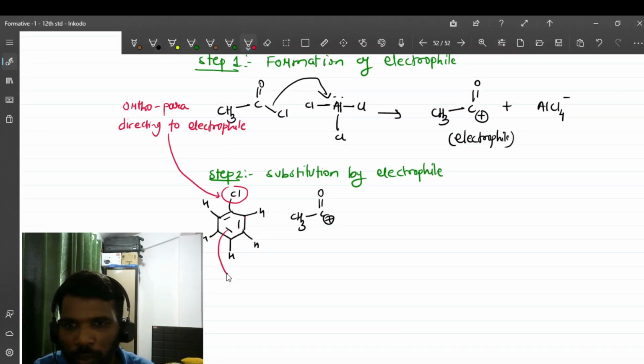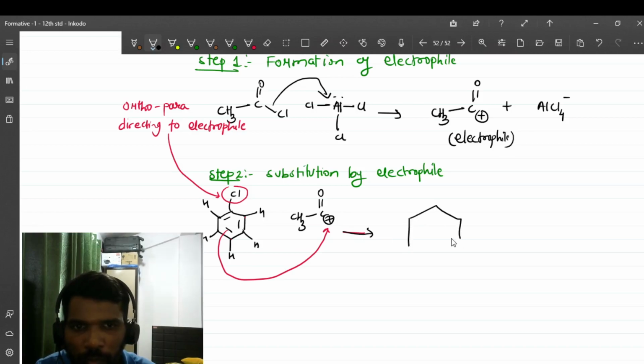It will attack on this carbon, electron deficient, right? And the intermediate which will be formed is this, double bond here. Here it is Cl. These hydrogens are there which we don't show. I'm just showing them for your understanding over here.